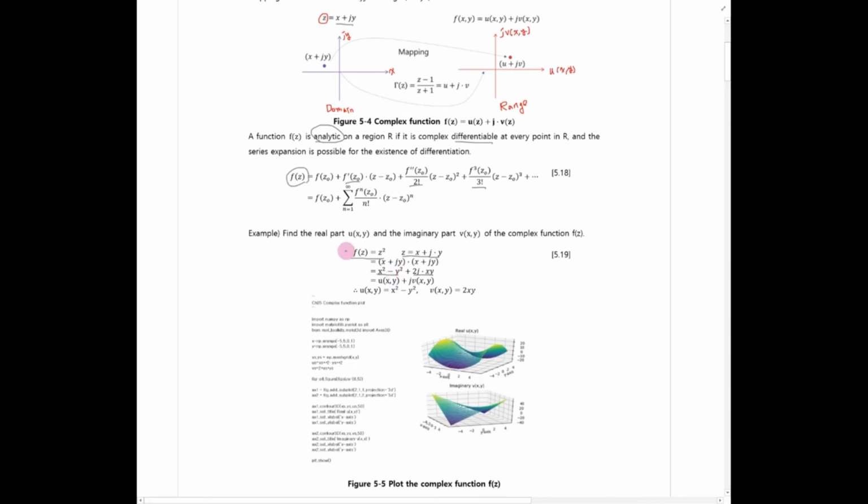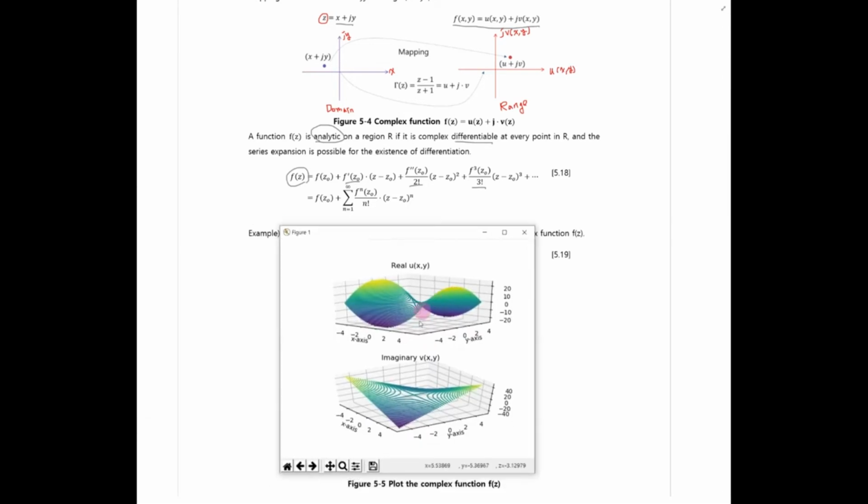f(z) is expressed by u plus jv, like this way. So u is the real part, this is u(x,y), and v is the imaginary part. We can plot the complex function's real part and imaginary part separately. Then we can visualize it.